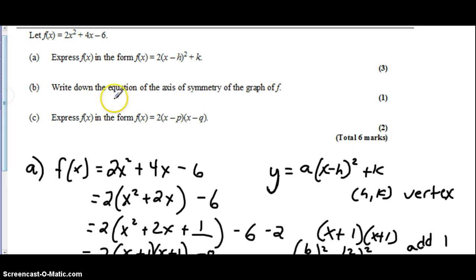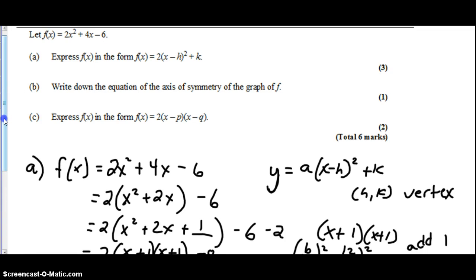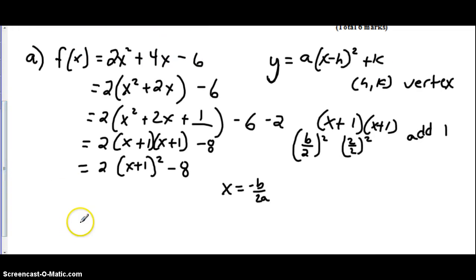Part B, they want us to find the equation of the axis of symmetry of the graph. So once you found your h, remember that you take the opposite sign of whatever you found when you pull it out.